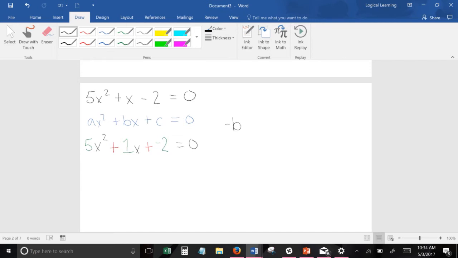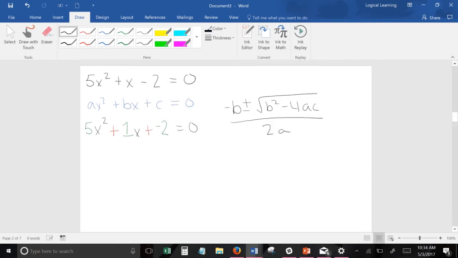And so now we have our a, b, and c, which you can see in the green. So we're going to put it into our equation, negative b plus or minus the square root of b squared minus 4ac all over 2a. So we can see that our negative b is going to be negative 1 plus or minus the square root of b squared, which is 1 squared, that's just 1, minus 4 times a, which is 5, times c, which is negative 2, all over 2 times 5, which is our a.